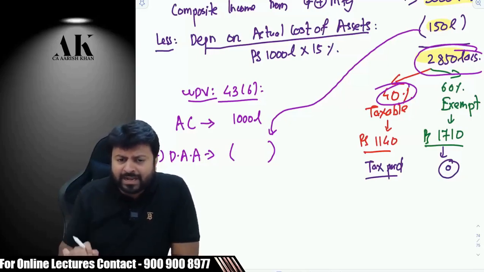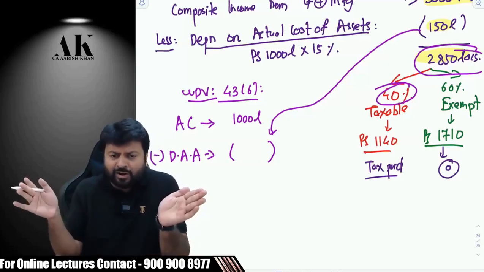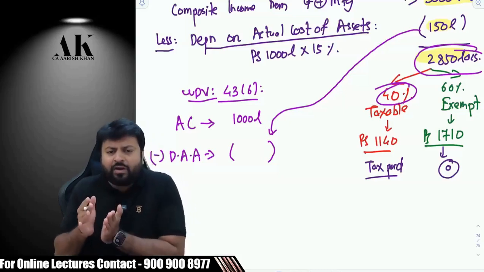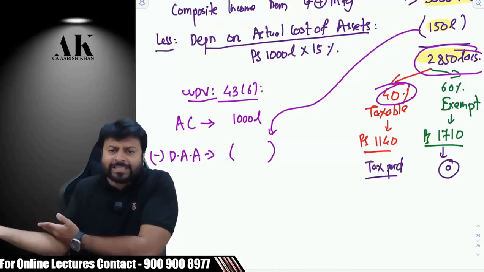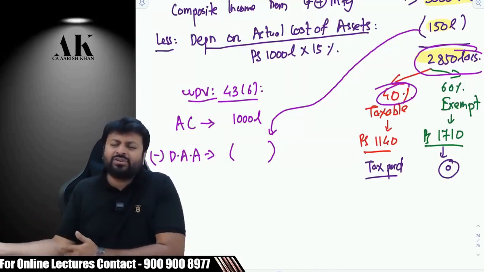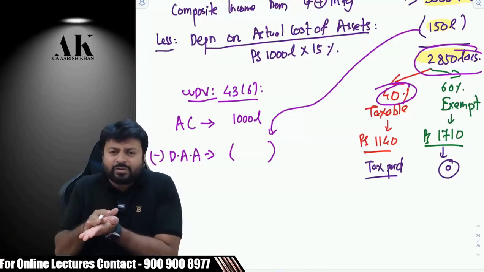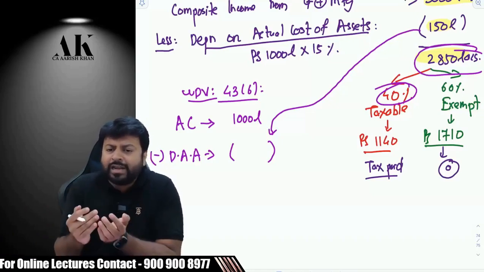It means every expense will also be divided into 40-60. So the assessee said that 60% of my depreciation pertains to agricultural income, which is anyways exempt under the income tax law. Yes or no? So I am liable to pay tax only on 40%. So only 40% of the depreciation can be called what?